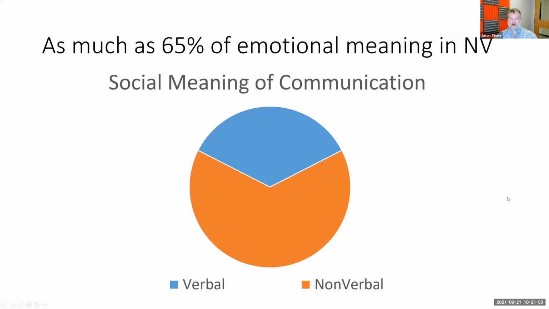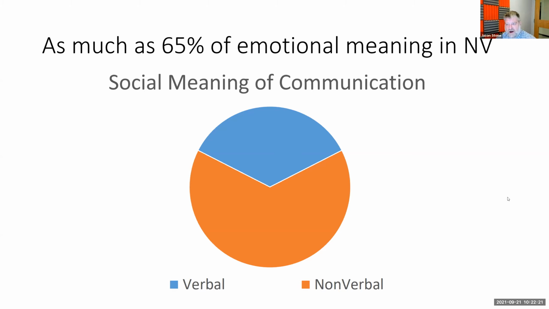So we have a number of different studies. Mehrabian did a study. There were some other studies. I think Hardy is another study, like in 2011, that's mentioned in your textbook. And I mentioned to you that Mehrabian found that as much as 95% of the emotional meaning of a message is in nonverbal communication.